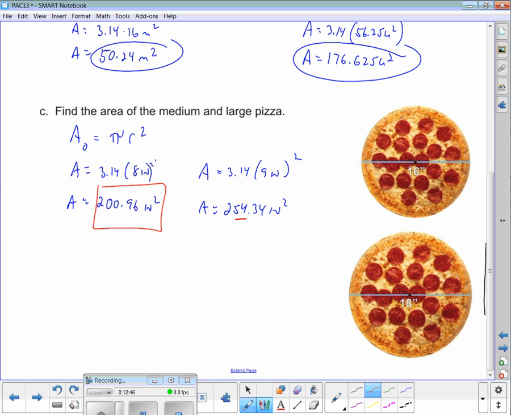This one is about 53-ish square inches more. That's a whole quarter more of this pizza, right? It's a whole quarter more of that pizza. So it's a decent amount to go from a 16 to an 18.